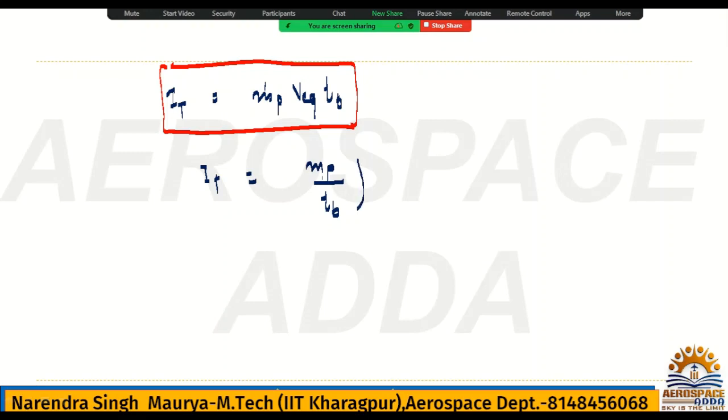So instead of m dot p, I am writing mp by tb, where tb is the total burning time of the propellant, into v equivalent into tb. So tb will cancel out. What you will get is mp into v equivalent. So finally what we got?